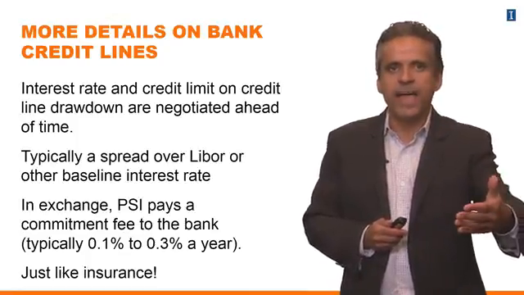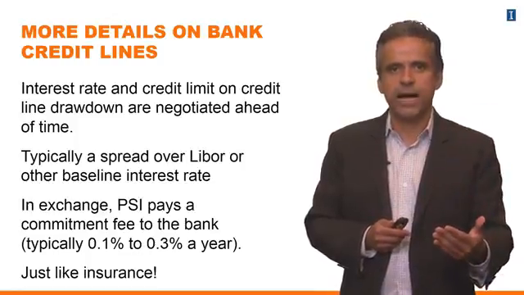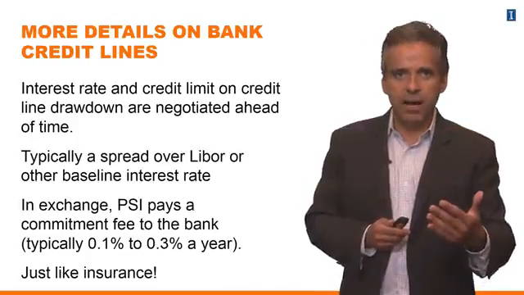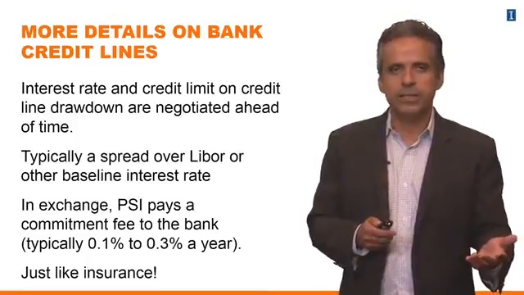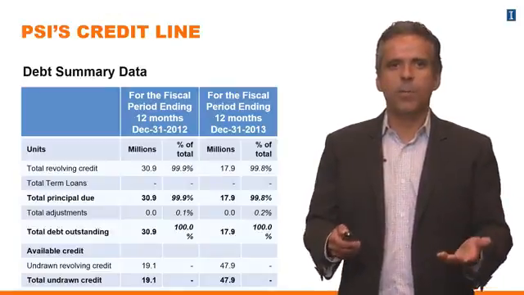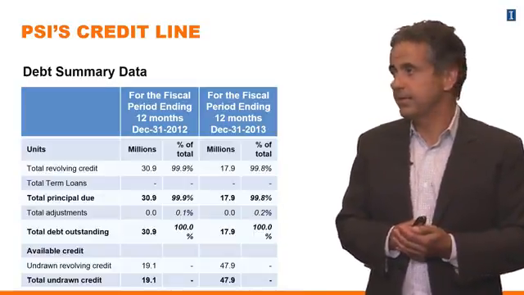If you think about that, a credit line is very much like insurance, right? You're paying a fee, right, to the bank. If your house burns down, you have the right to draw on the credit line to meet a liquidity need, okay? And it turns out that for a company, for PSI specifically, it seems to be exactly what they are doing.